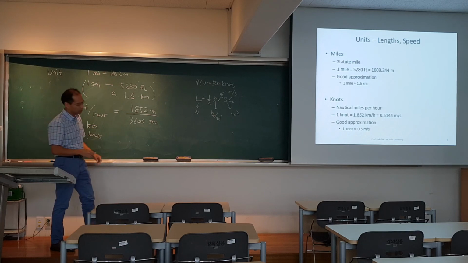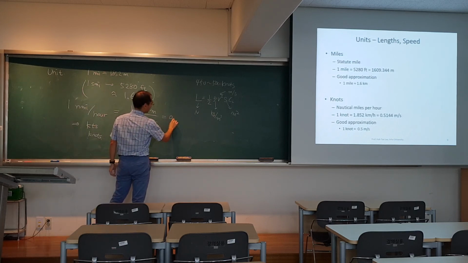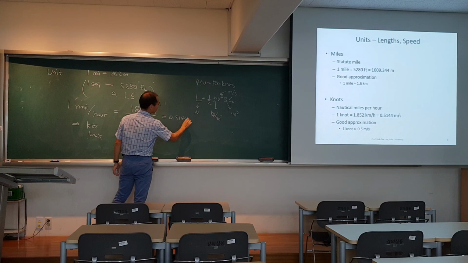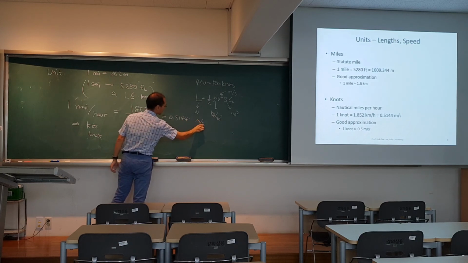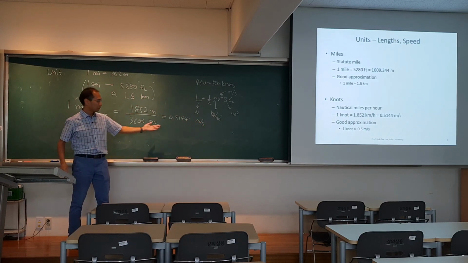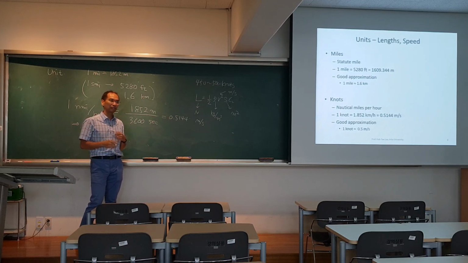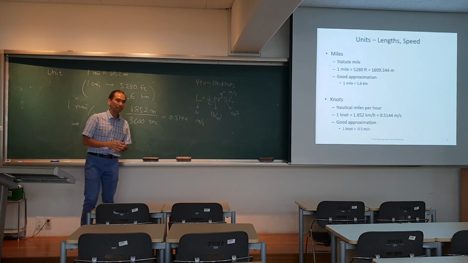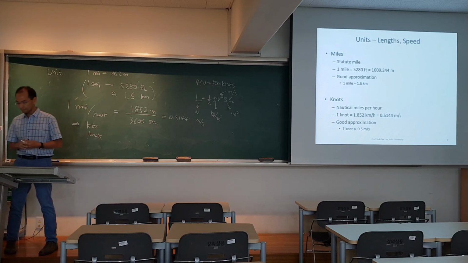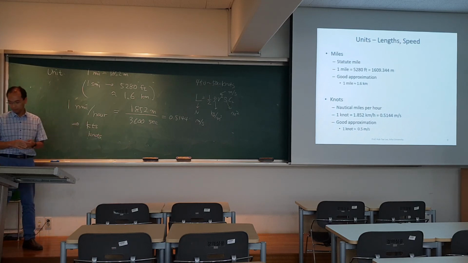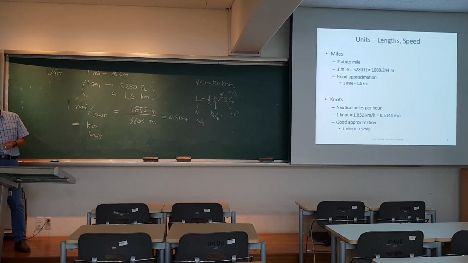So it turns out to be 0.5144 meters per second. So approximately it's just a half. So if the Boeing 777 is flying at 500 knots, it's about 250 meters per second. So you can use that approximation to check your calculation.